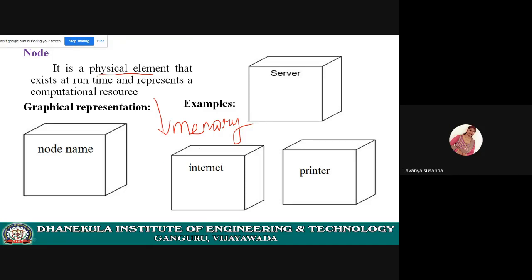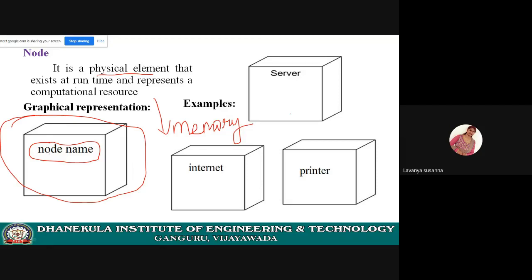Let us see the graphical representation. This is the graphical representation of a node, and you write down the node name. Again, a node is a physical component which has some memory and some processing power.